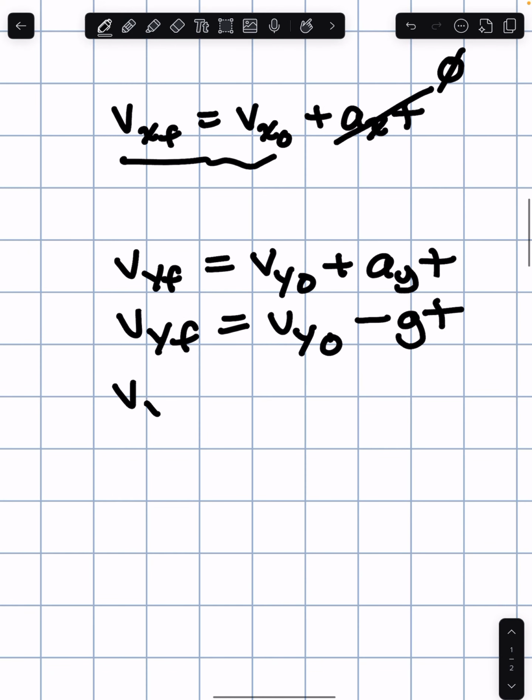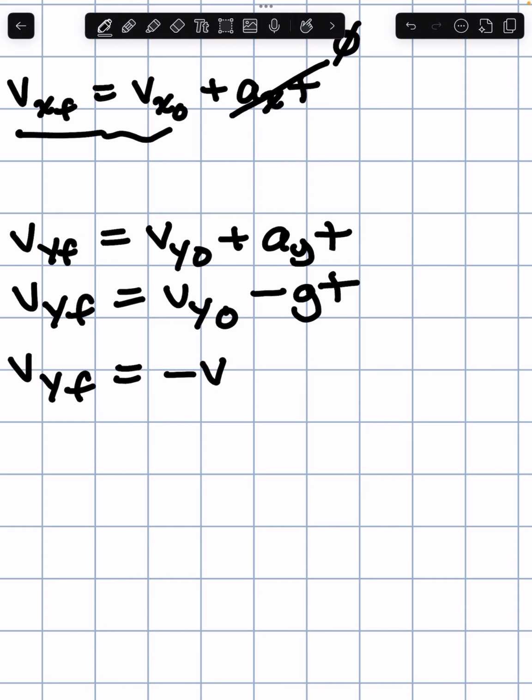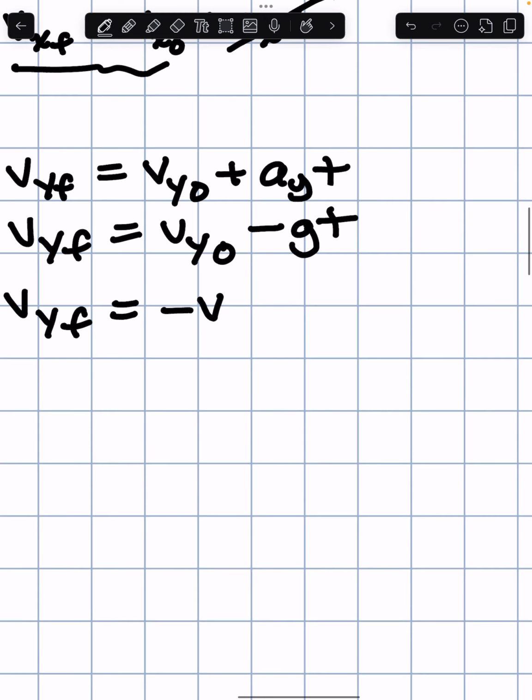So right, vyf is equal to negative vy naught minus gt.